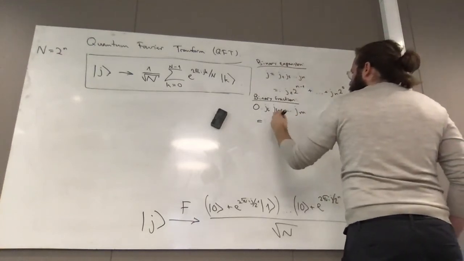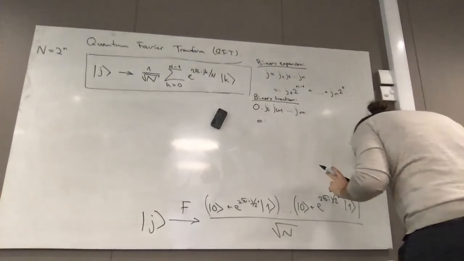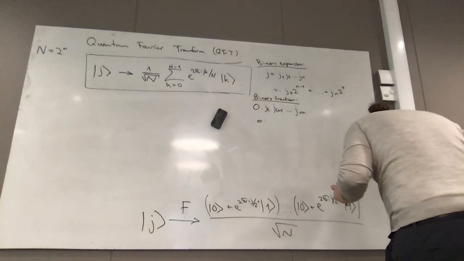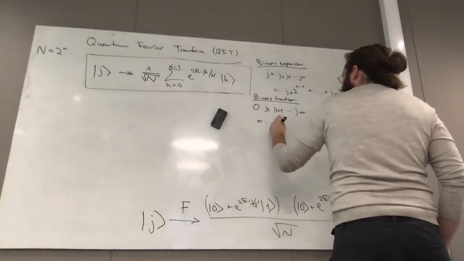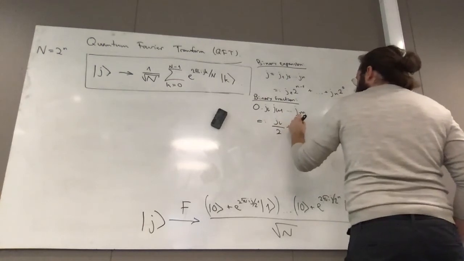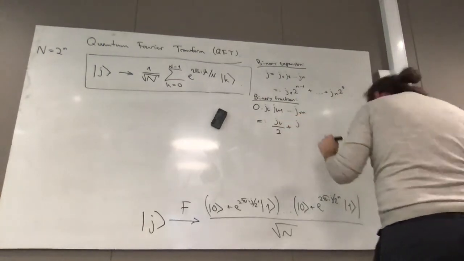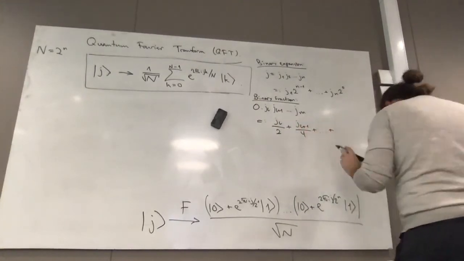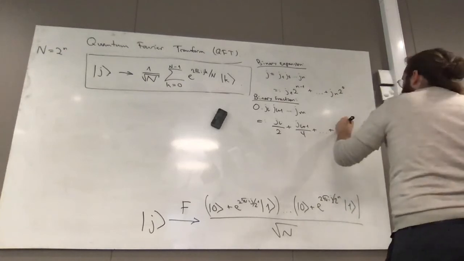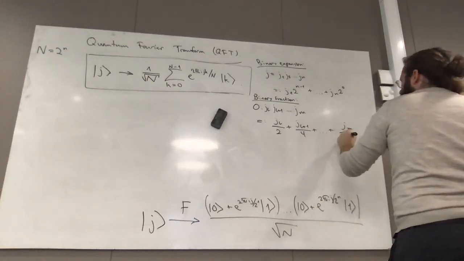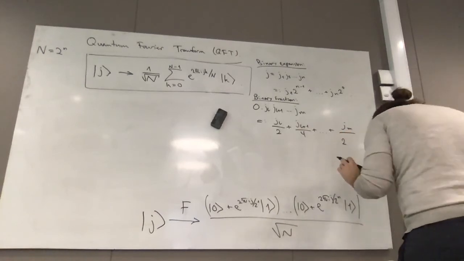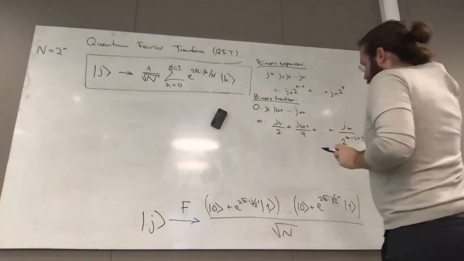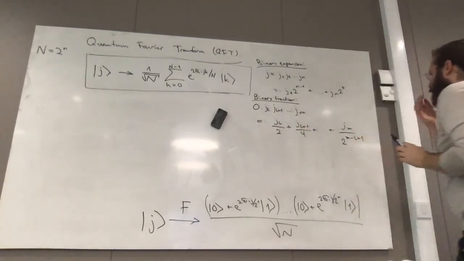And this represents j_L over 2 plus j_{L+1} over 4 plus up to j_m over 2 to the power m minus L plus 1. And I guess that's just because we're starting at L here.